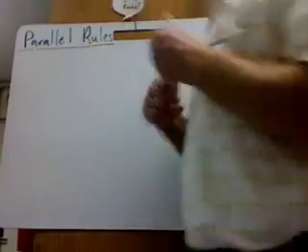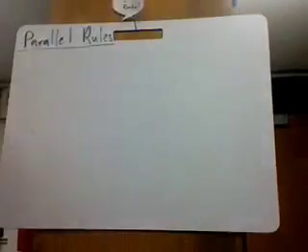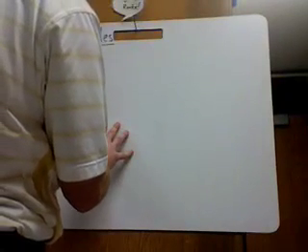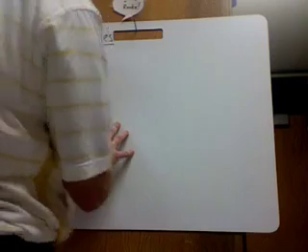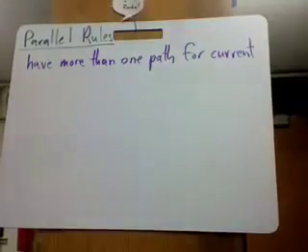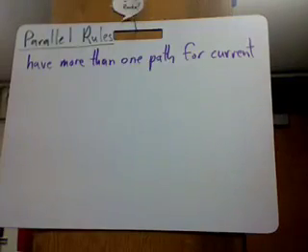First of all, parallel circuits, by definition, have more than one path for current. There's more than one way for the current to go around.